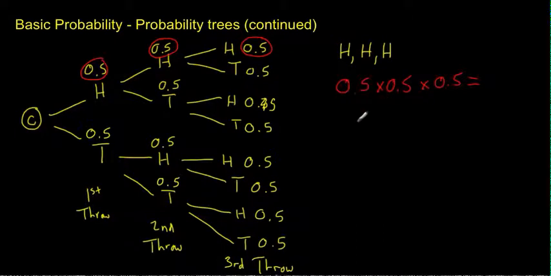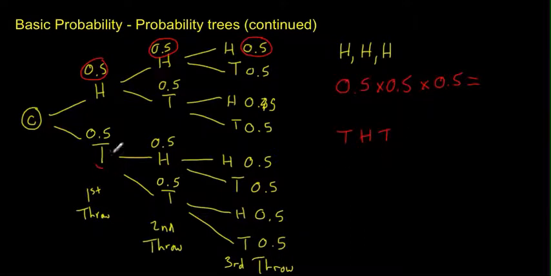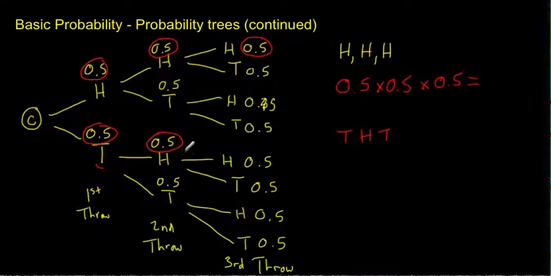Okay? What is my probability of getting tails, heads, and then tails again? Well, I come over here. Here's my first tails in the first throw. Okay? Then I wanted heads. Well, here's heads in my second throw. And here's tails in my third throw, there's my probability.